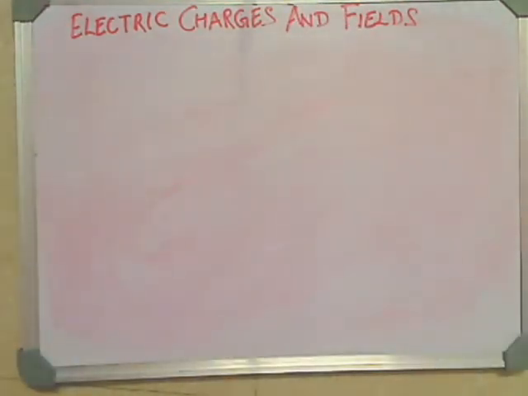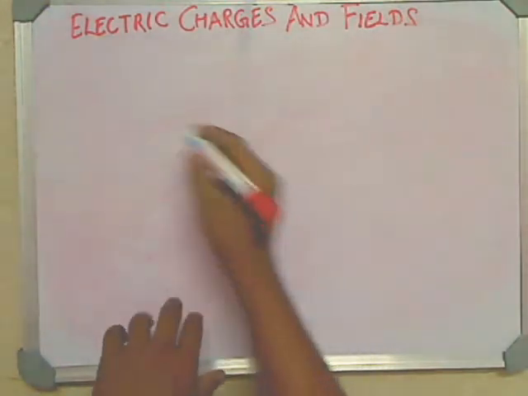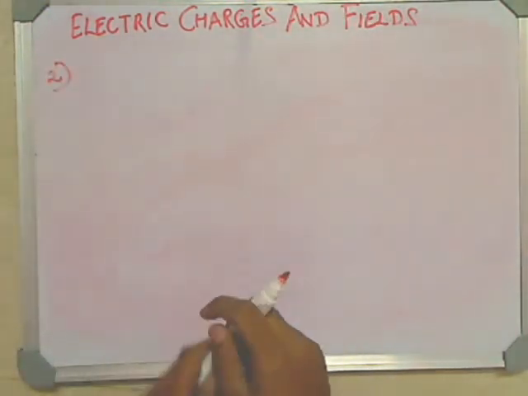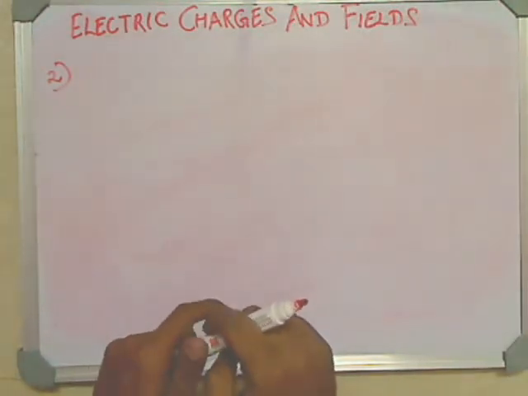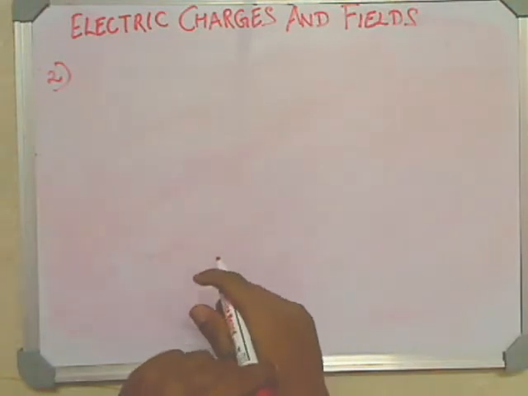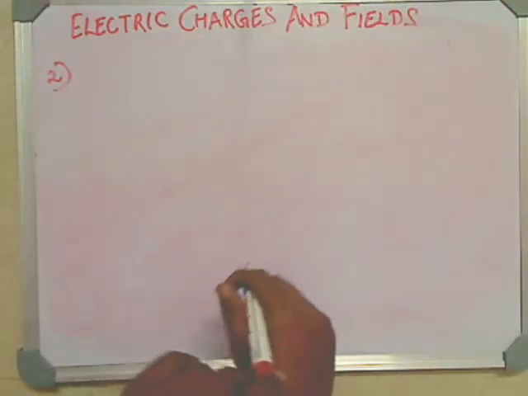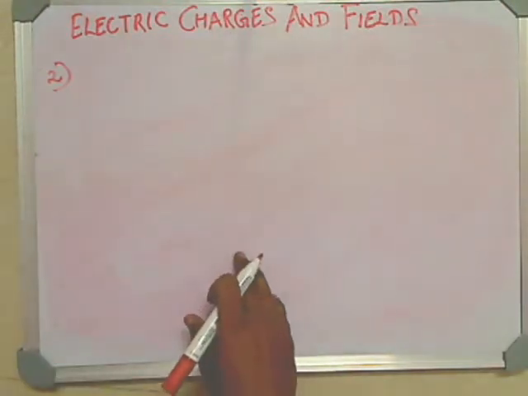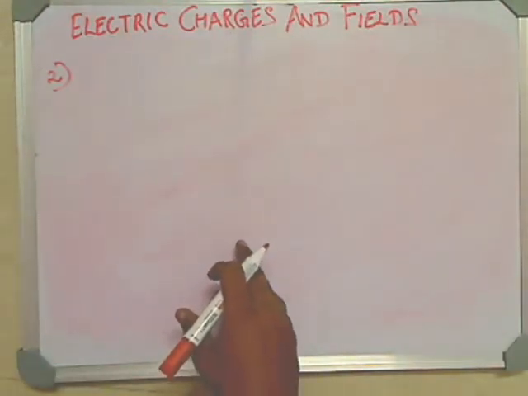Now, the second problem which we will discuss: a point charge measuring 10 millicoulomb is at a distance of 5 centimeters above a square of side 10 centimeters. What is the magnitude of the electric flux through the square?